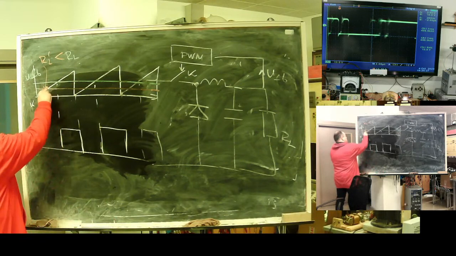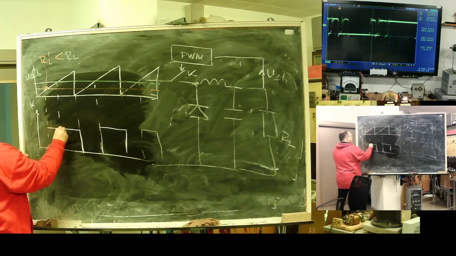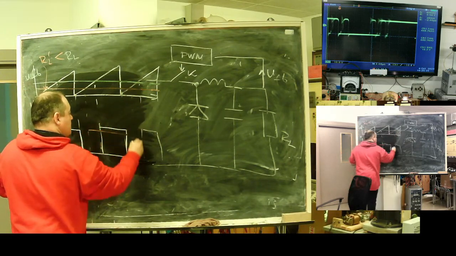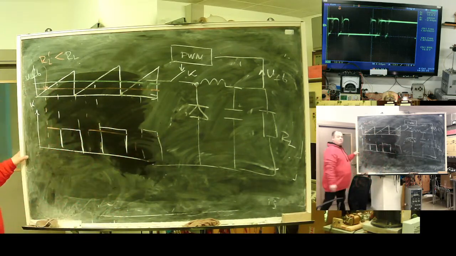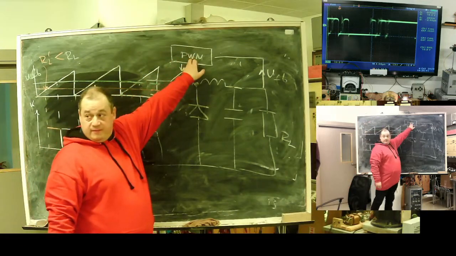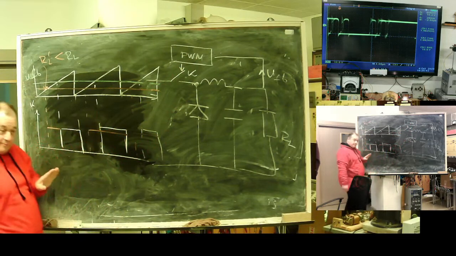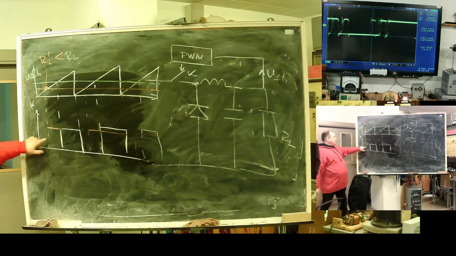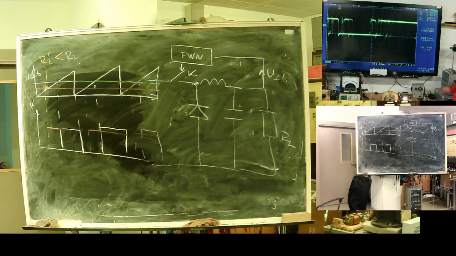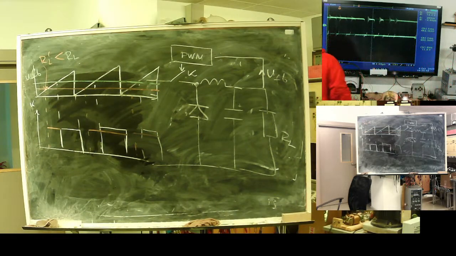We will see an increase in the width of the pulse. Pulse width modulation. So the PWM circuit will increase the length. Watch it, try to catch it.